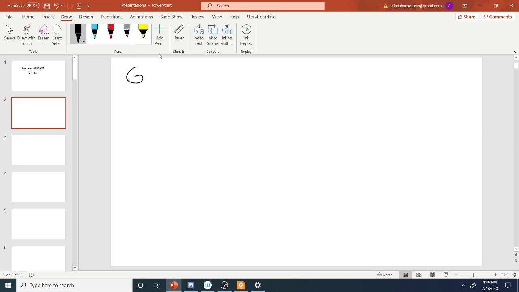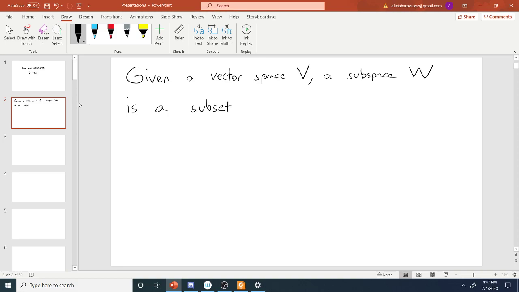So given a vector space, V, a subspace, W, is a subset of V that is closed under addition and scalar multiplication.